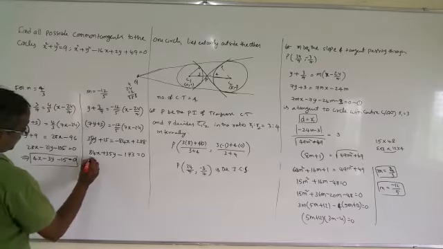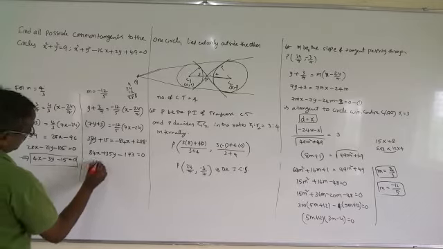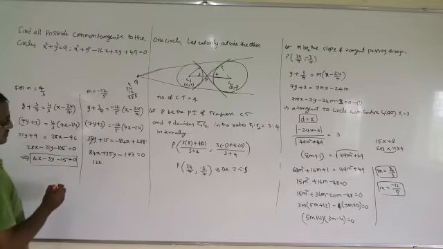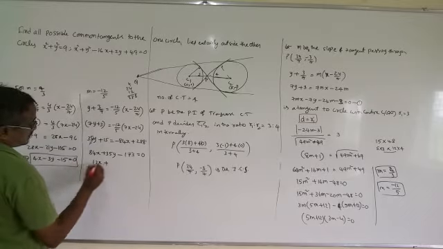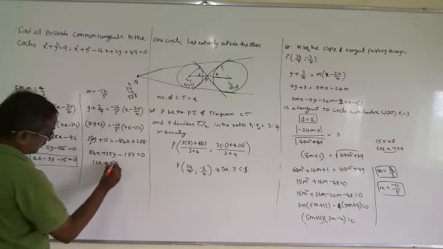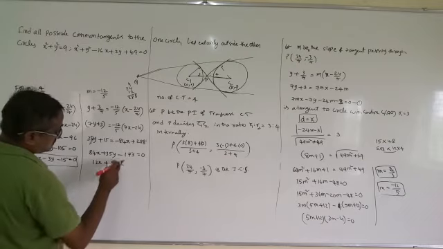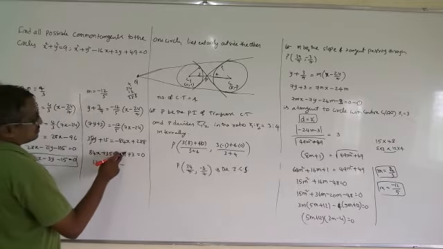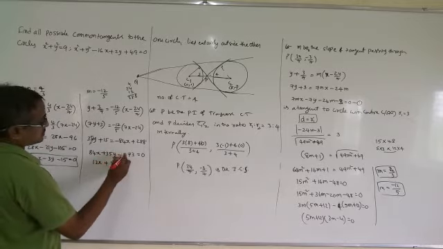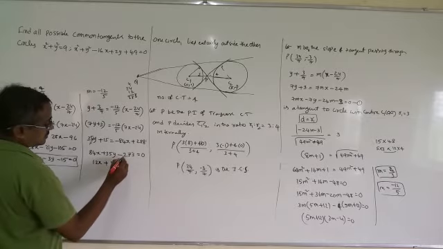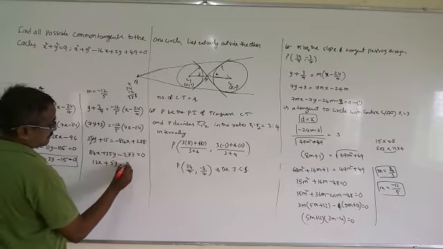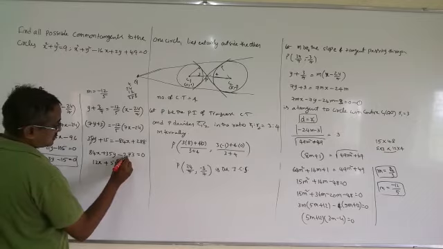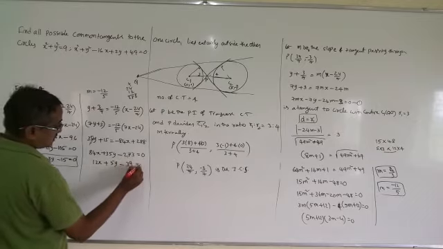So it can be written as 12x, by taking 7 as common, plus 5y minus 53 equal to 0.